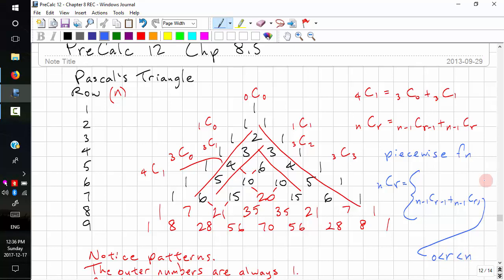And then you're going to have to figure out what happens when r is 0 and what happens when it's n. And that completes this lesson.